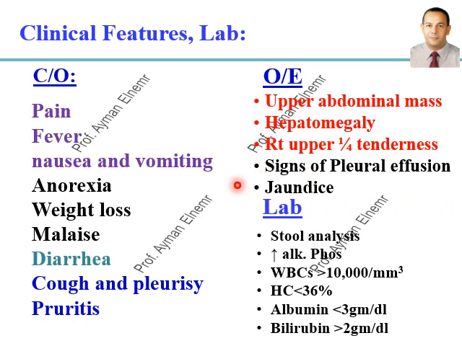The lab investigations show, in the stool analysis, we may find the trophozoite or the active parasite and the amoebic cysts. The alkaline phosphatase shows high activity. There is mild leukocytosis, low hemoglobin concentration, low albumin level, and high bilirubin.